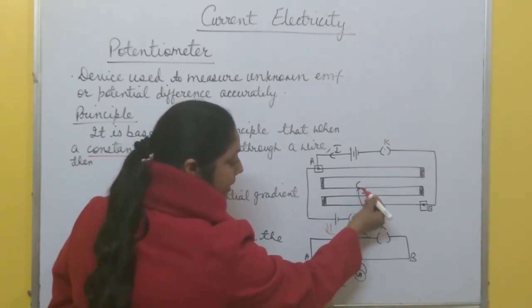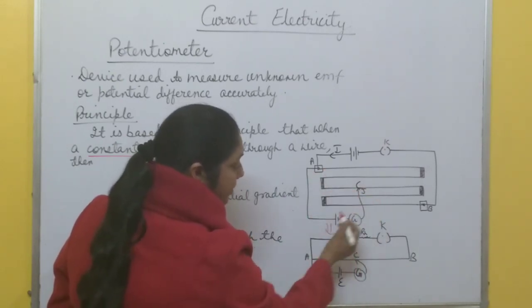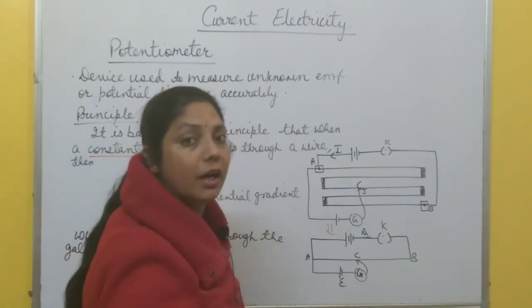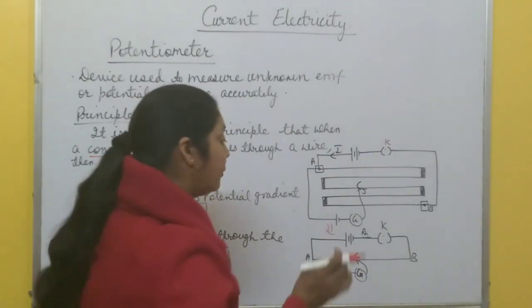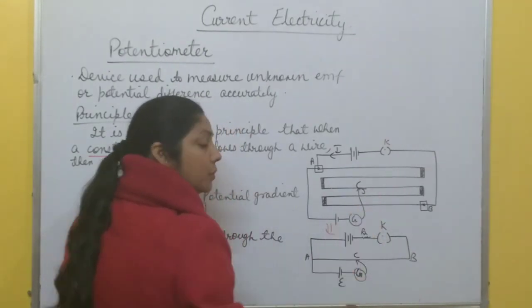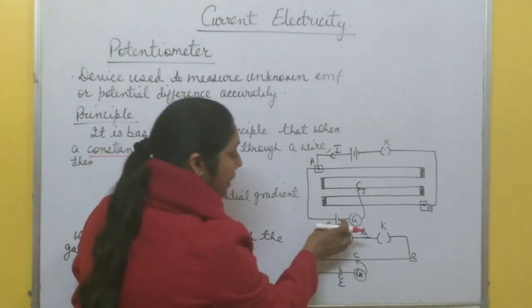Another point C is connected to a jockey, and between A and C, another cell is connected whose EMF is unknown. You have to calculate the EMF of that cell, and a galvanometer is connected, so it is also based on the principle of null deflection method.